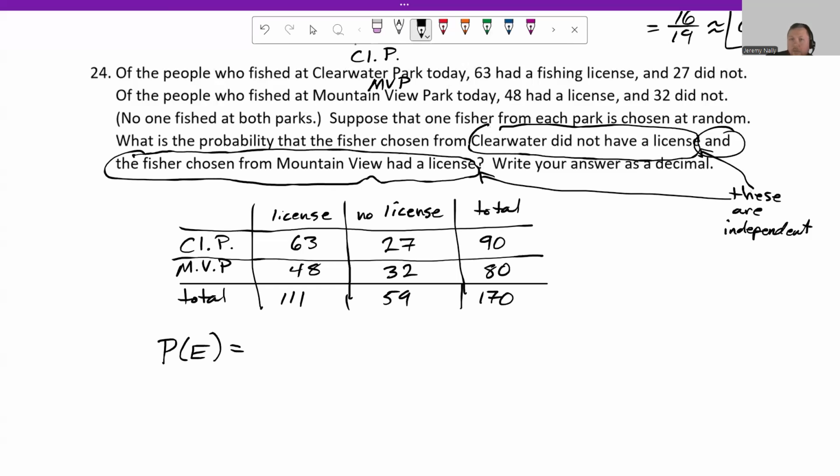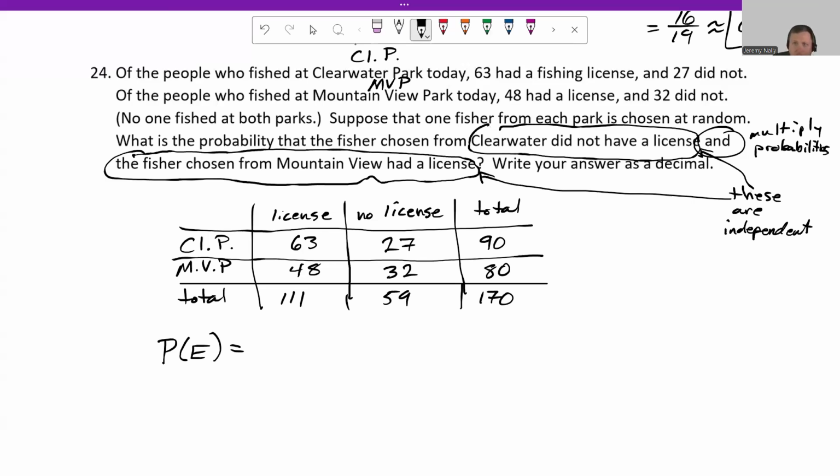And the fact that we're using the and means that we're going to multiply the probabilities.